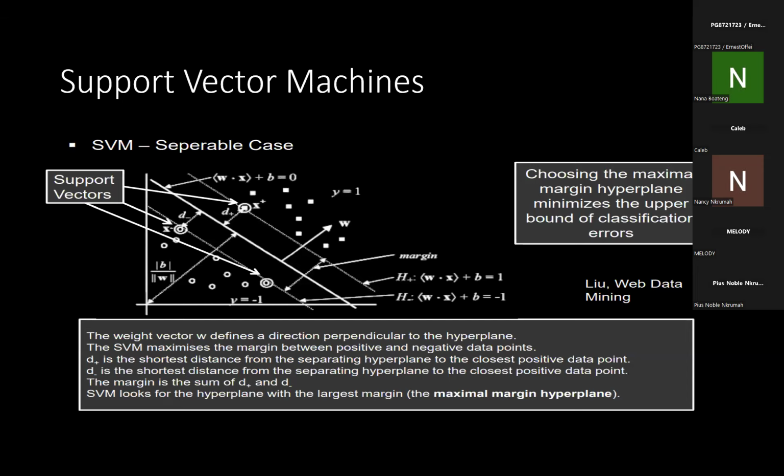But sometimes you can have a situation whereby the dotted lines, both the one at the top and the one at the bottom, are very close to the one in the middle. We call it a hard margin when you have a situation like that.